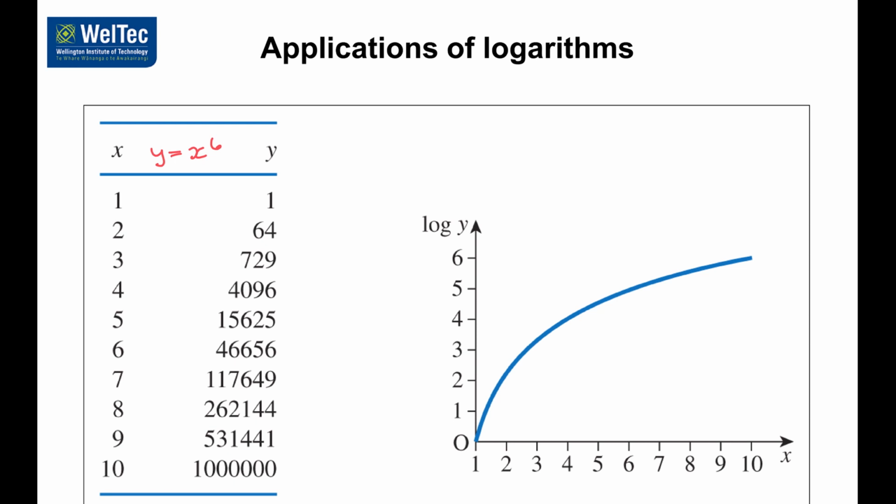But if we take the log of the y values and plot x against those, then the graph becomes much more reasonable. The y values are compressed a lot, and we're able to then fit it all onto the same page. What we've done here is we've graphed a linear thing, which is the x, against a log thing on the y-axis. So we have a log linear graph.